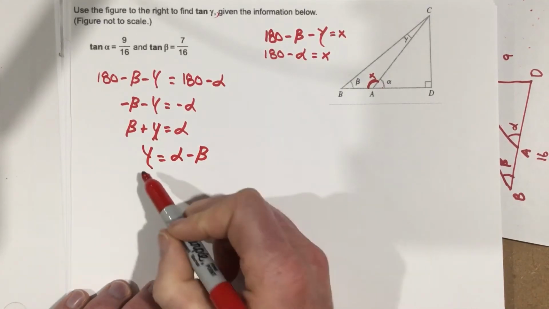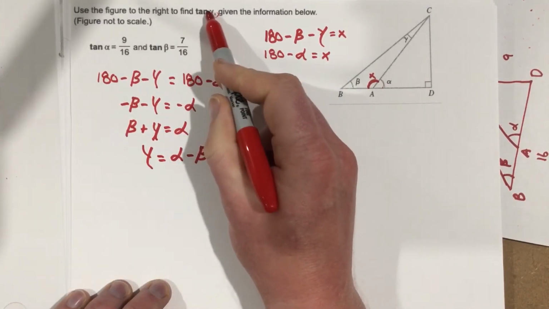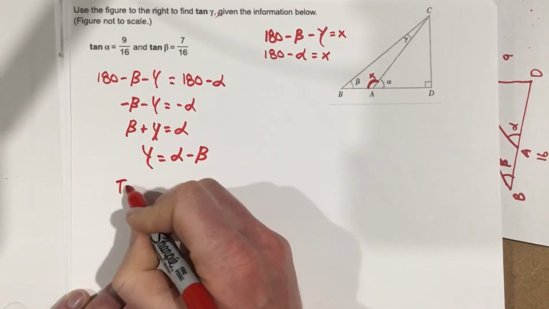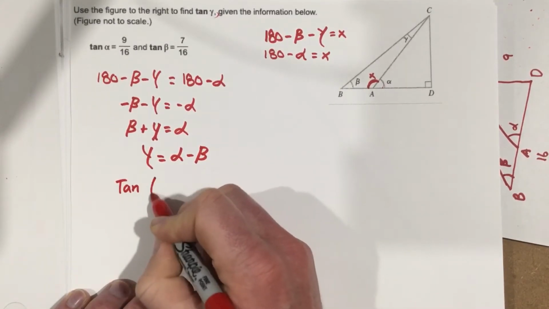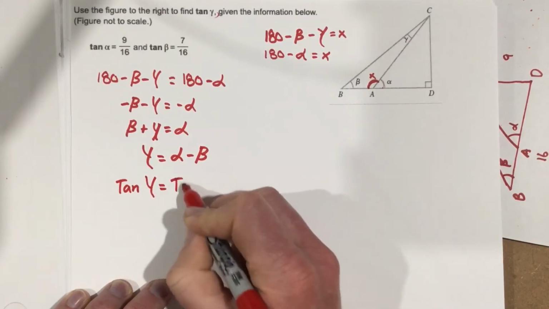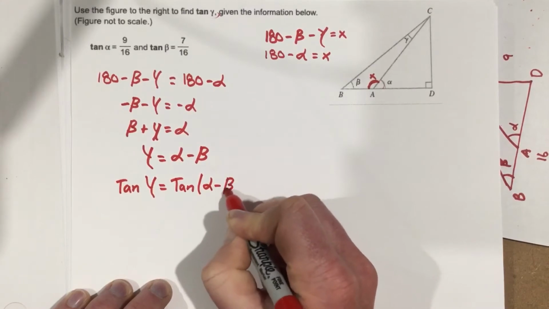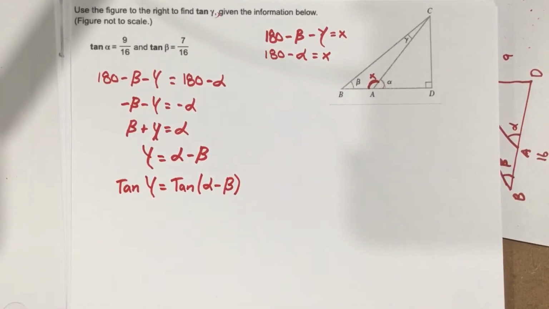Now I can take the tangent of each side, because I'm trying to find the tangent of gamma, not just the angle. So tangent gamma equals tangent of alpha minus beta.